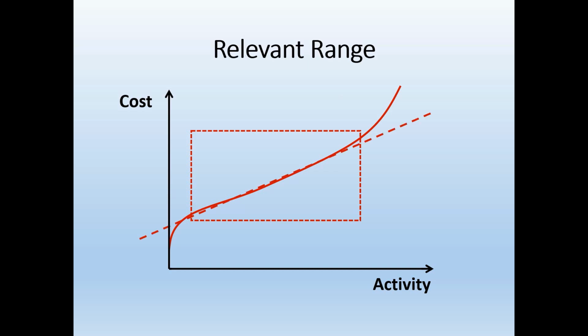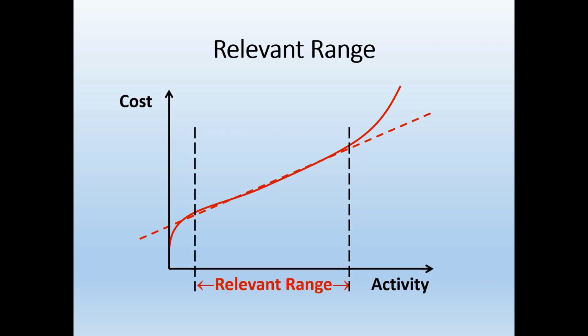as shown here. And we can treat the cost behaviors as a straight line within this range. So this firm's relevant range would be approximately as shown in this diagram. Now the question is, how can we determine the formula for this straight line?